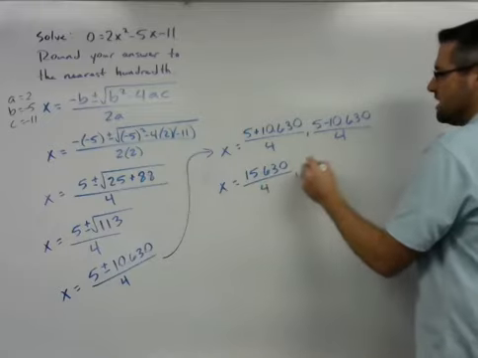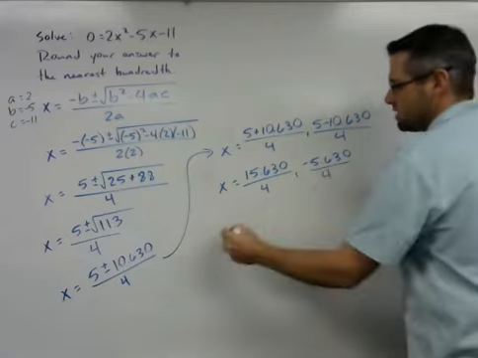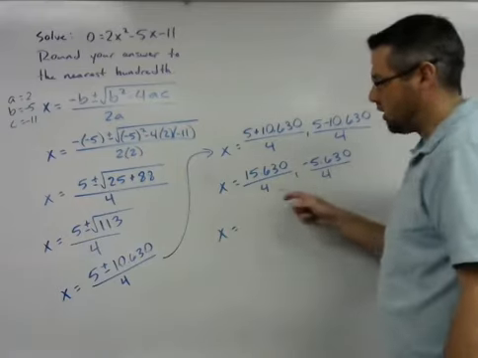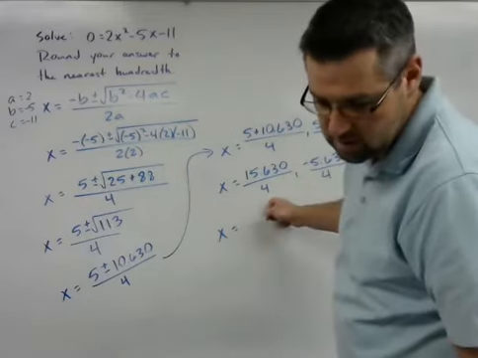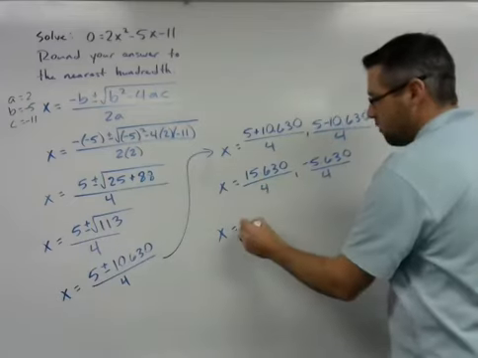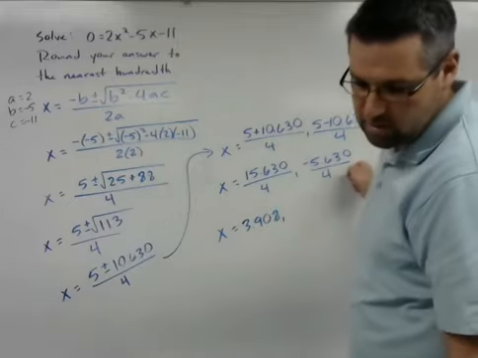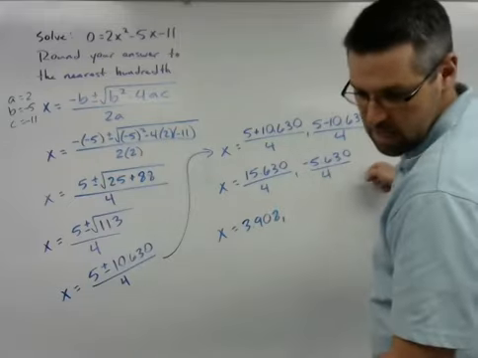And then this one's going to be negative 5.630 over 4. And then we'll just type these into our calculator and get our answers. So the 15.630 over 4 is going to be 3.908.